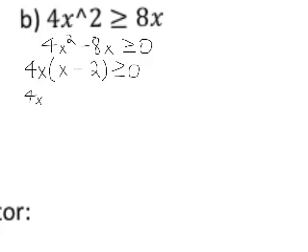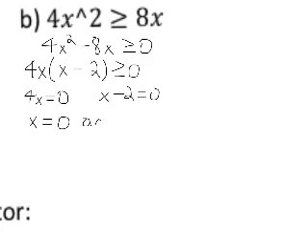So I set each factor, 4x is a factor, equal to 0, and x minus 2 equal to 0. And I get critical points of 0 and x equals 2. These are called my critical points. That's where the function is going to change signs if I were graphing this.